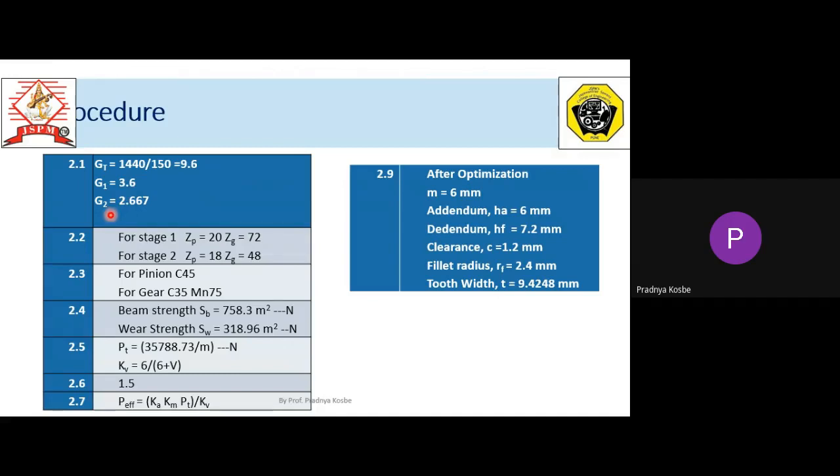The gear ratio in stage 2 is 2.667. For stage 1, ZP equal to 20 and ZG is 72, and for stage 2, ZP equal to 18 and ZG is equal to 48.